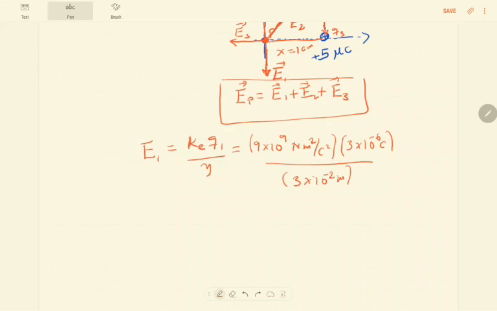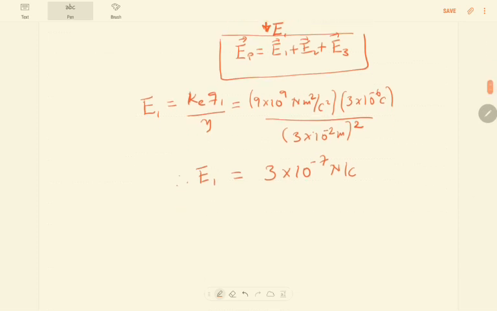So finally it will be easy to find E1, the magnitude. And of course here we will square this thing, and with simple simplification we'll get 3 times 10 to the power of 7 Newton per coulomb, magnitude እናገኛለን ማለት ነው። So this is E1, the magnitude of E1. So in vector form E1 is given by what?